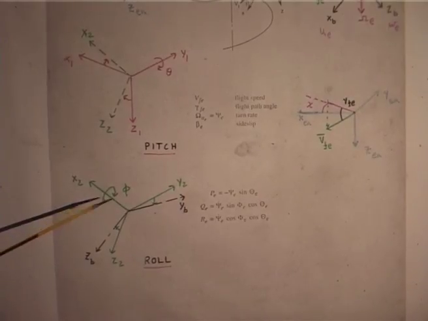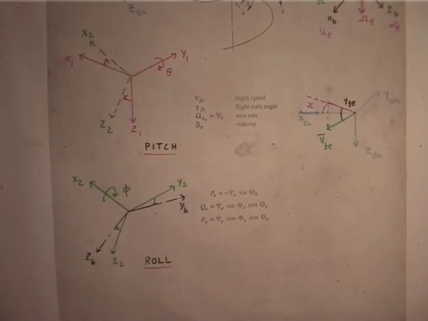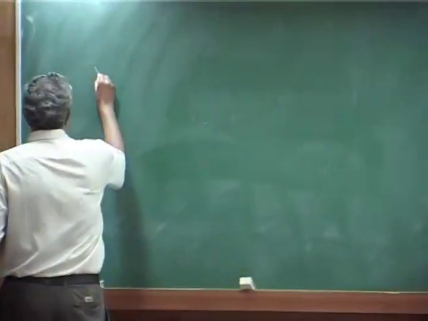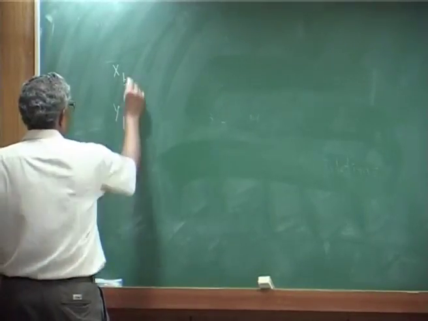This is the sequence of transformation. If you follow this sequence, this is a very well set orthogonal transformation. I will just finally write the transformation between this and xb, yb, zb.